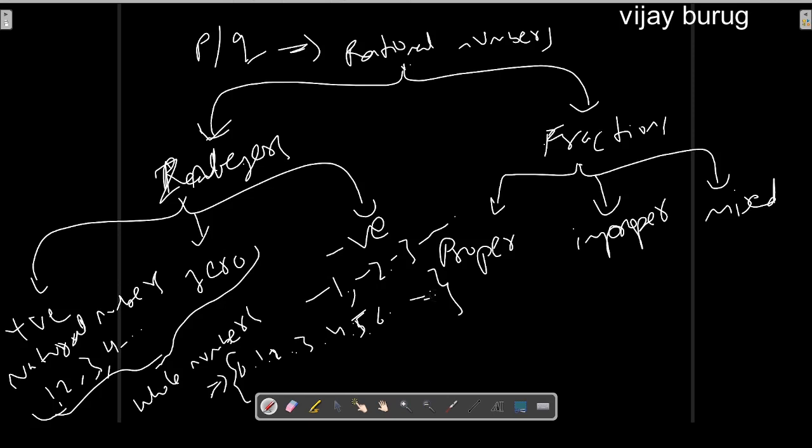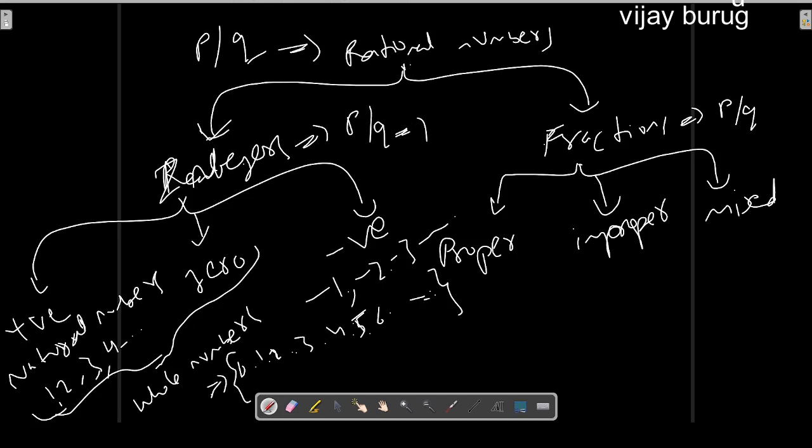Now let's look at fractions. Fractions are usually in the form of p by q. I mean, integers are also in the form of p by q, but here the value of q is equal to 1.